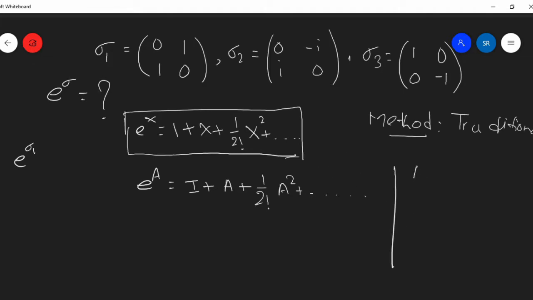Also, let's not forget, if A is, let's say, [a b; c d], then A squared is not simply a squared, b squared... no, this only applies for diagonal matrices.